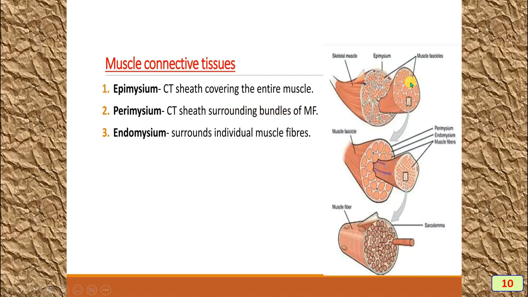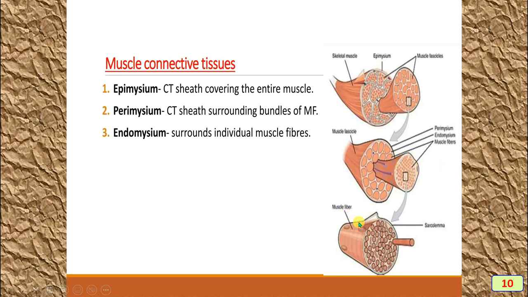So this is a muscle fiber. The coat of this is called the perimysium. The endomysium surrounds the individual muscle fiber here. You can see the perimysium, the outer coat, covering a bundle of muscle fibers, whereas the endomysium covers each muscle fiber.